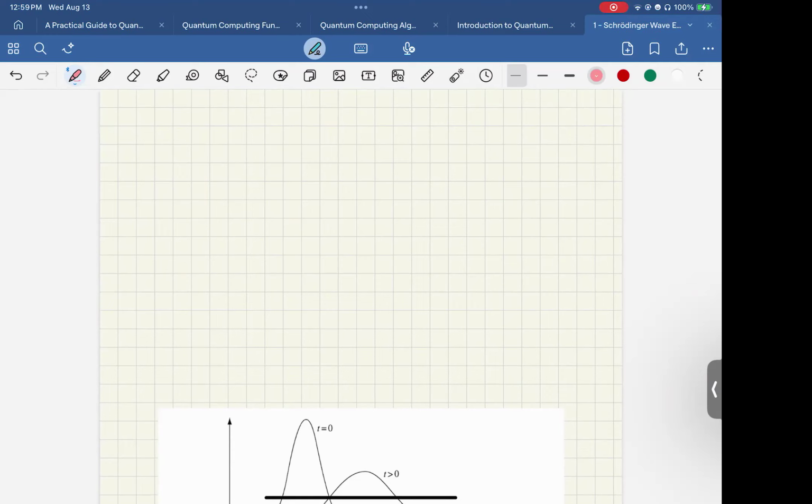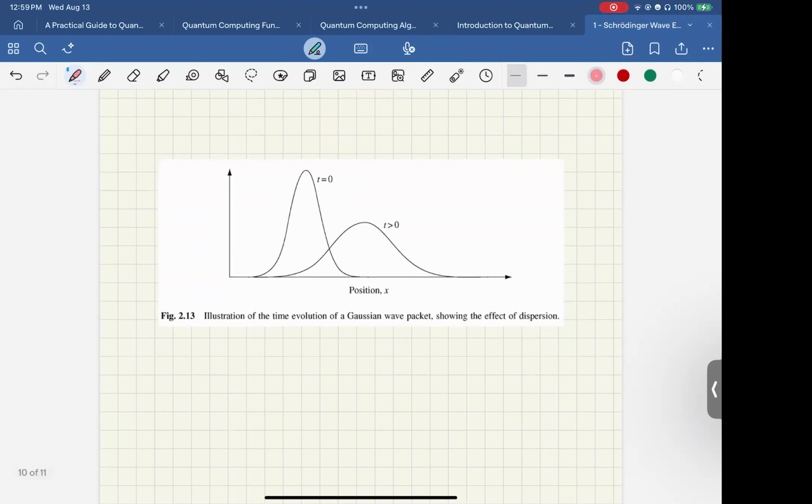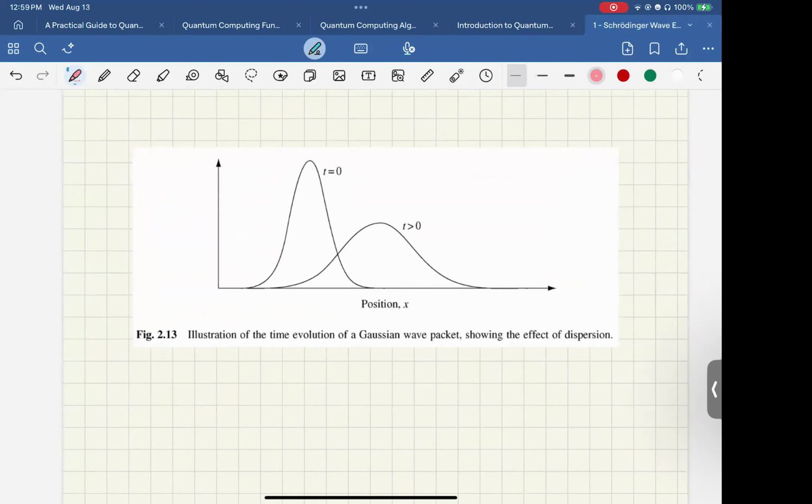So you only measure a range of position, and within that range, meron ka nung average position. Average position sa gitna ng range, and then yung range na yun ay tinatawag nating standard deviation. And one of the ways to describe this is through a Gaussian pulse. So ito yung itsura ng Gaussian pulse.